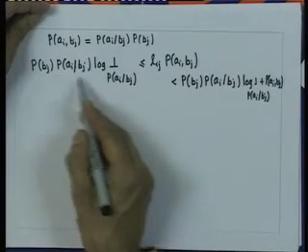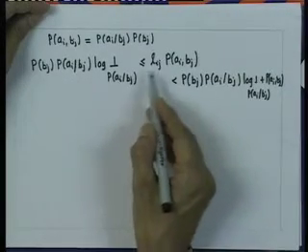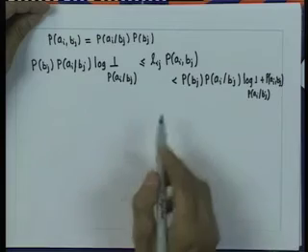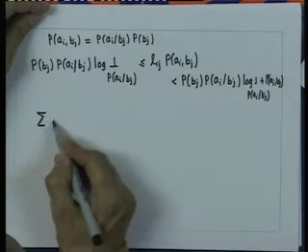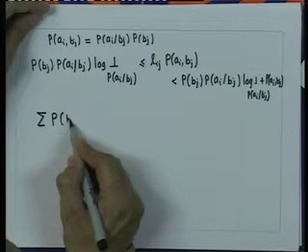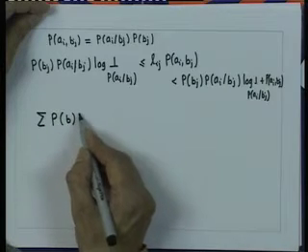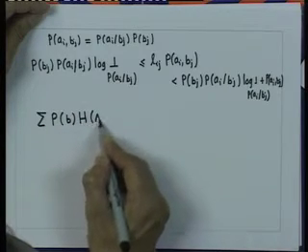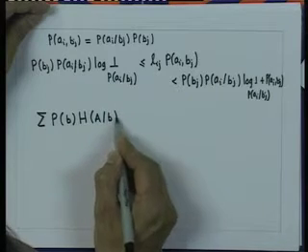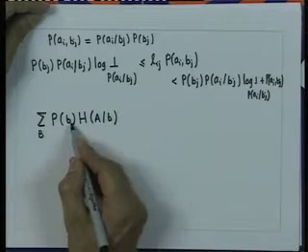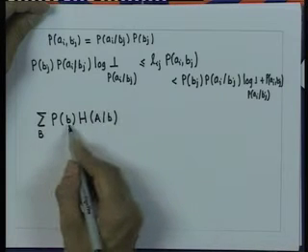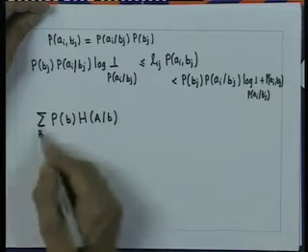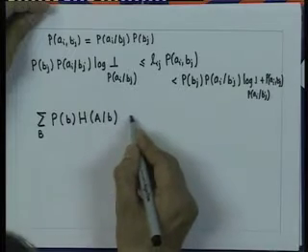And now, if we sum this equation over all members of the A and B alphabets, we will get the relationship as follows. This should be P(bj), but for convenience we are just writing B, it is clear from the context.